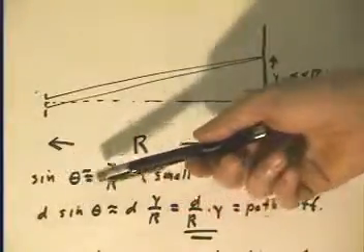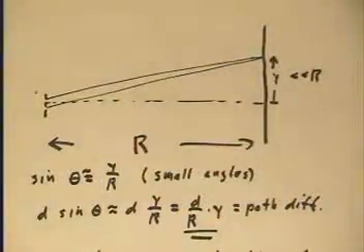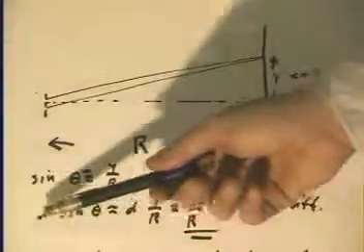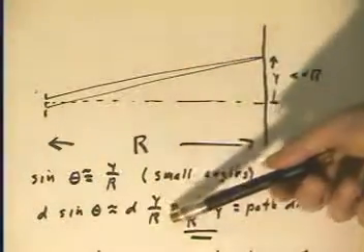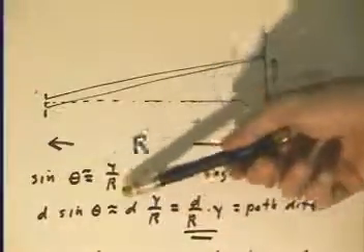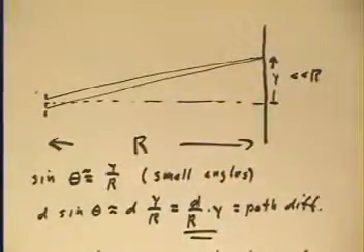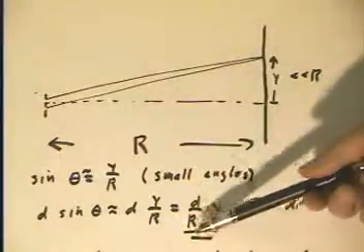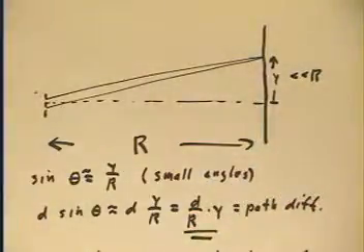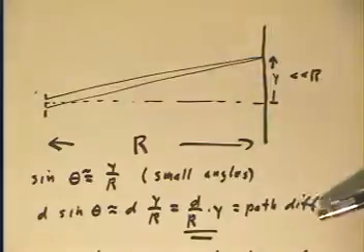In that case, again, sine theta is going to be close to y over r, which means that our path difference d sine theta is going to be close to d times y over r, since sine theta is equal to y over r. Now we rearrange that to call that d over r times y, and that's your path difference.